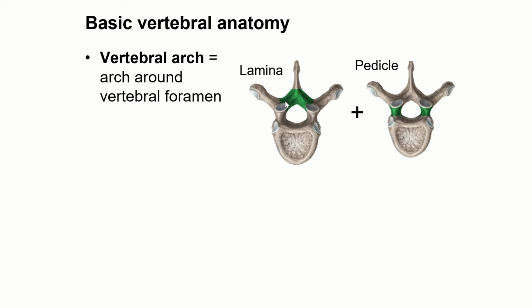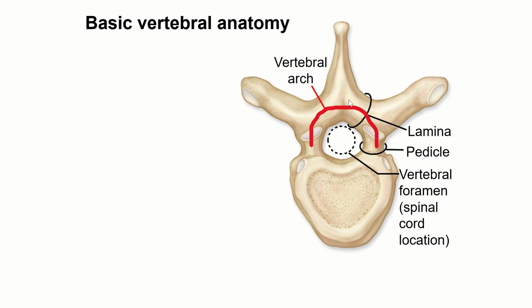So if you imagine that we took all of these processes off, and you were left with just this arch here, that's called the vertebral arch. And inside the vertebral arch is the vertebral foramen. So here's another image of that. We've got the lamina here, the pedicel here, and the vertebral foramen inside that arch. And of course, this is where your spinal cord is going to pass through.